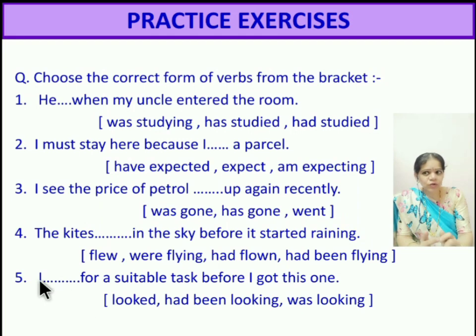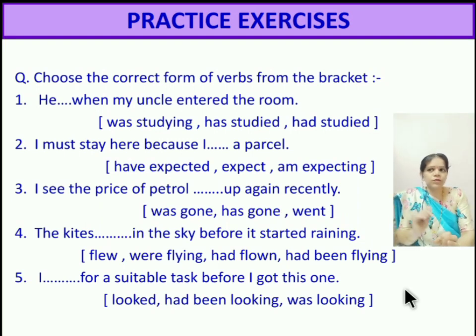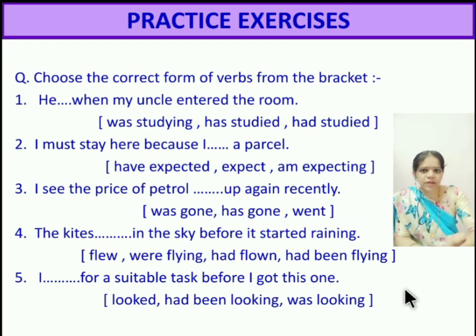So I dash look for a suitable task before I caught this one. See, got is the past tense used over here once again. So just check which form of look you would prefer in this sentence to make an accurate, grammatically correct sentence for all these 5 sentences. Okay.